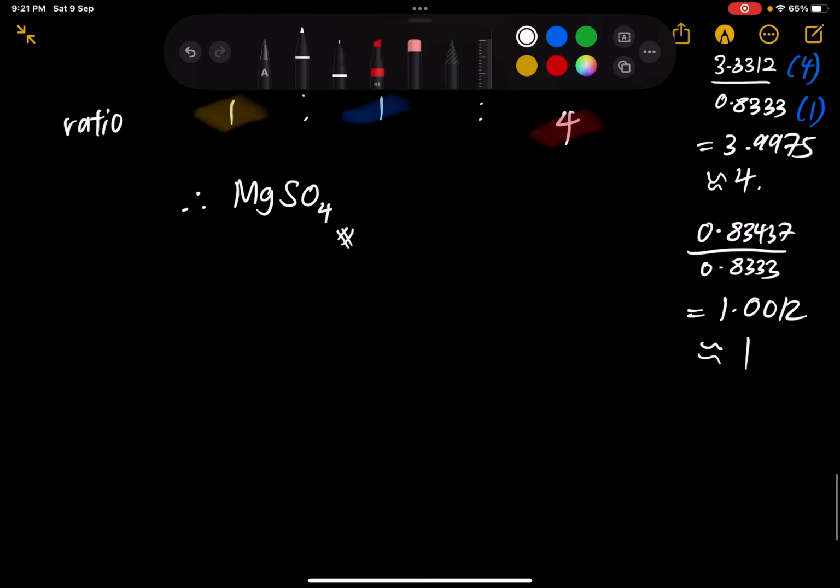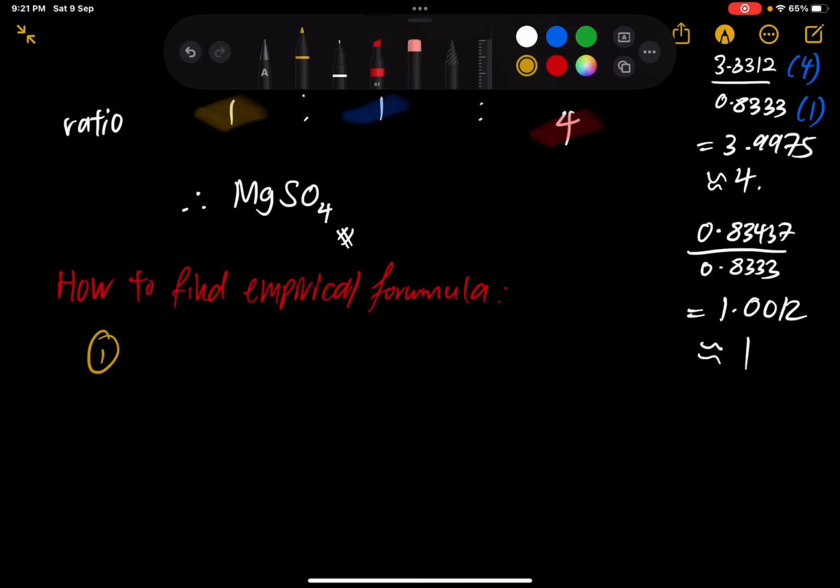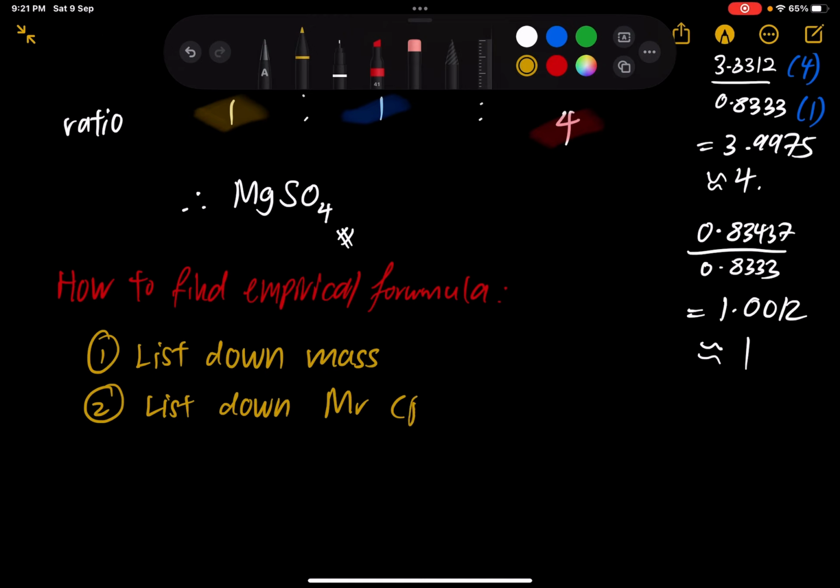Let's do a recap. How to find the empirical formula? What are the steps you must do? Step 1, list down the mass. Step 2, list down the Mr, which can be found in the periodic table of the element.